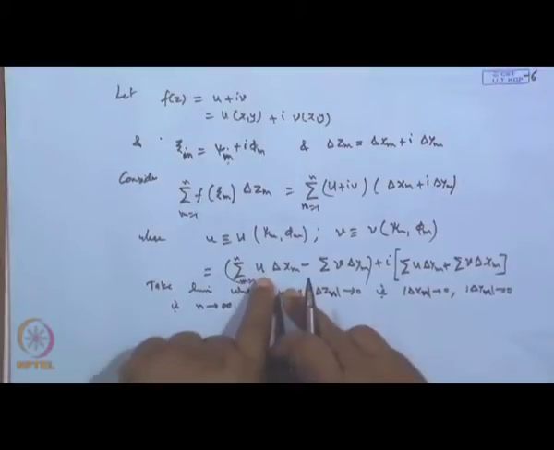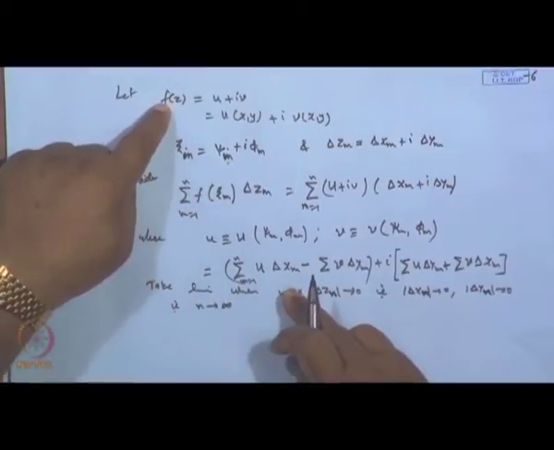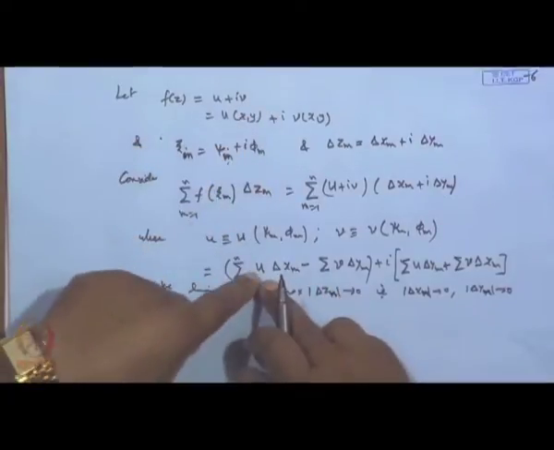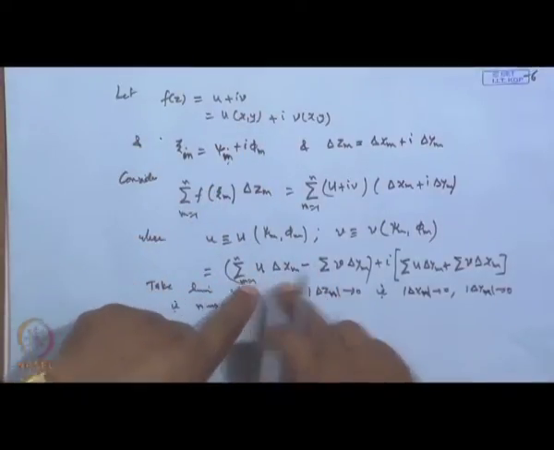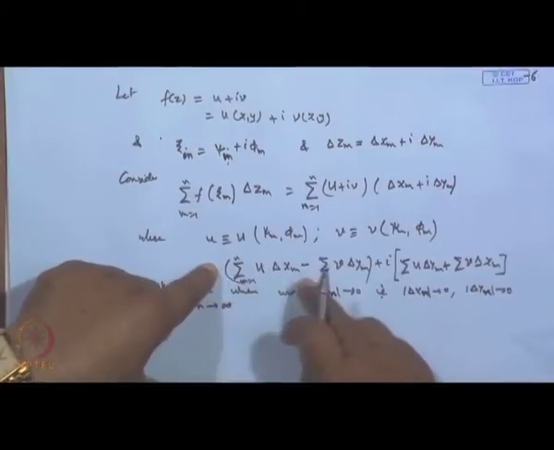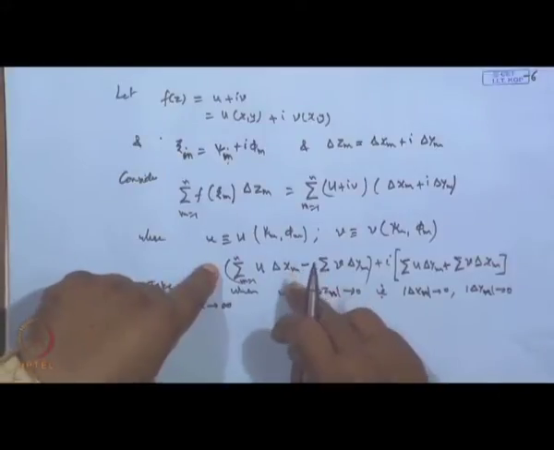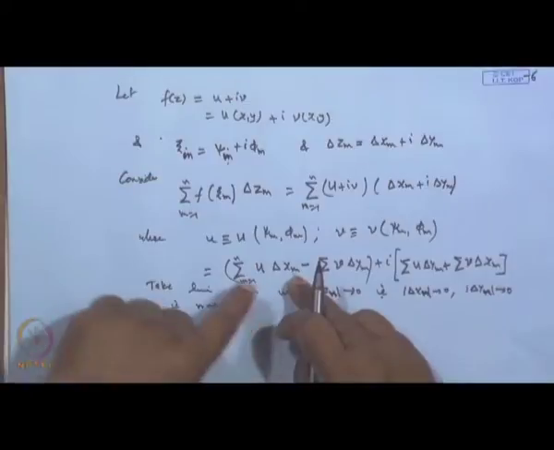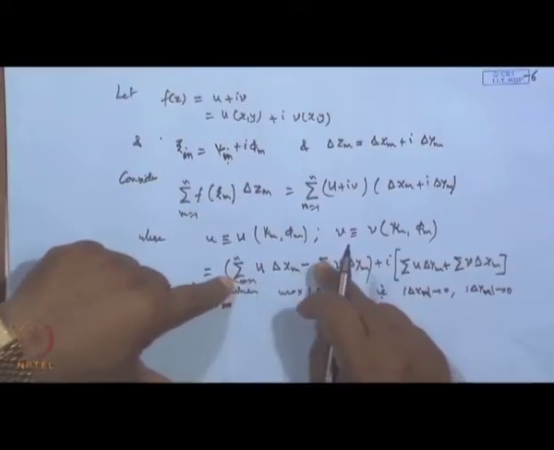Now, f is assumed to be a continuous function, so u and v both are continuous functions. So, for u, the sum of u delta x_m, when m is 1 to n and n tends to infinity, or the maximum of delta x_m goes to 0, this is equivalent to the Riemann definite integral as the limit of a sum.